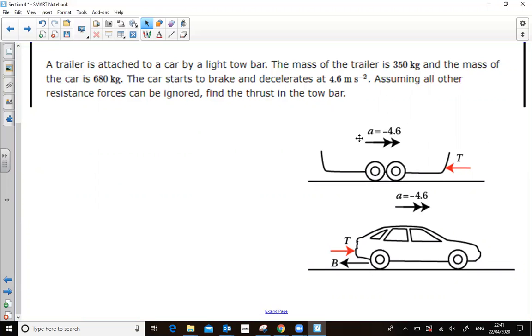Now, on the towbar, sorry, not on the towbar, on the trailer, the only force acting on the trailer would be the thrust. Now, be careful here. It's not like what we did in the previous example, where T goes towards the car. However, in this case, T is acting in the opposite direction.